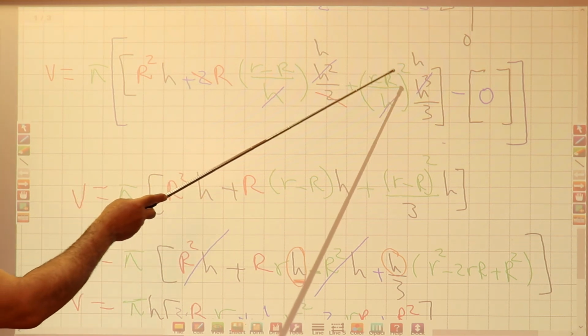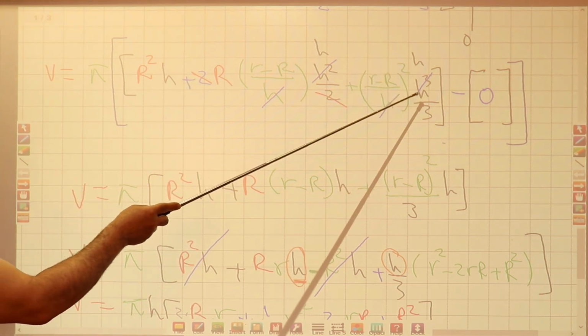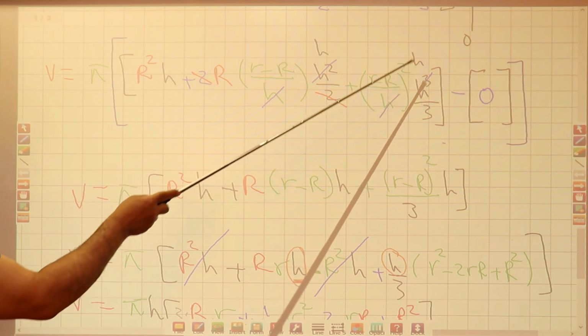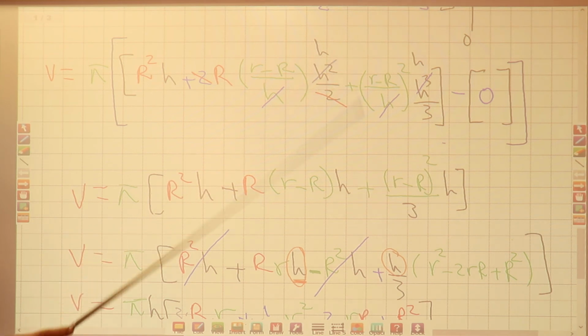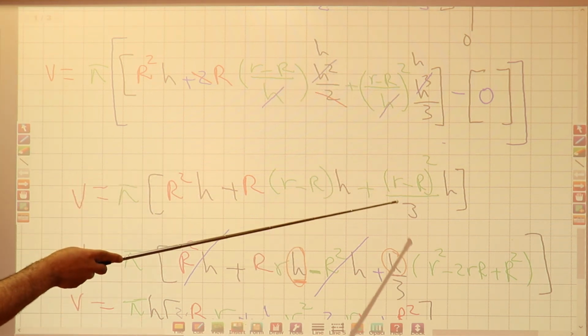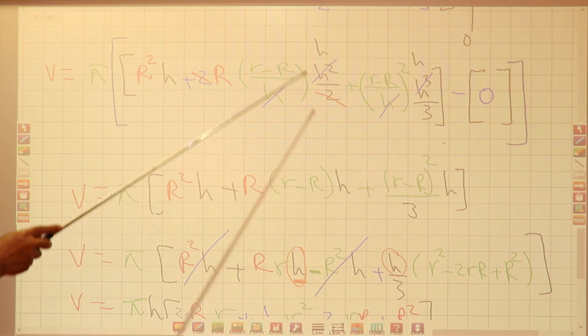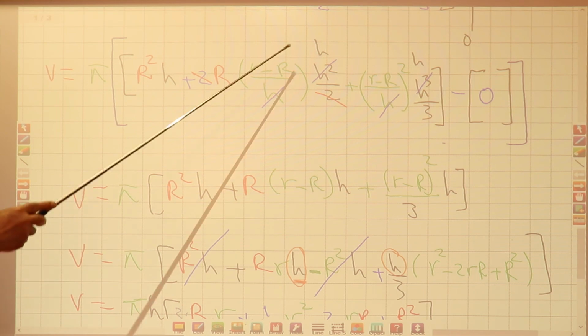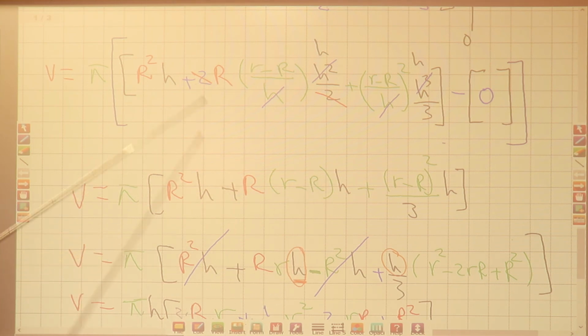Now I have here a square and here a square, and here h cubed. H cubed with h squared, we are left with only h. Good. What is left is (R minus r) squared over 3 times h, and this 2 we take out: r(R minus r) h, and the r stays r, the 2 cancels, r squared h.